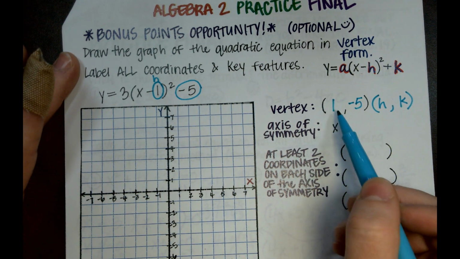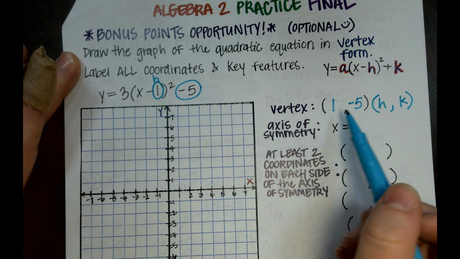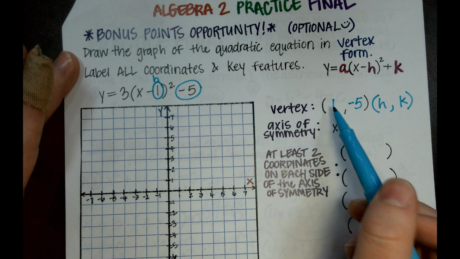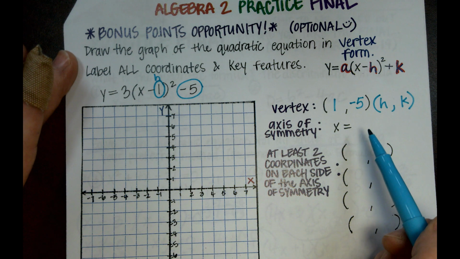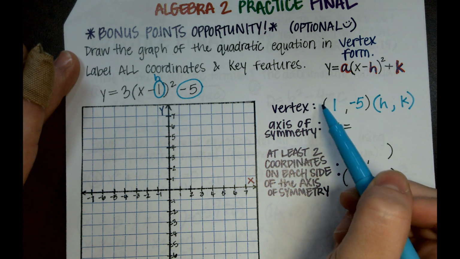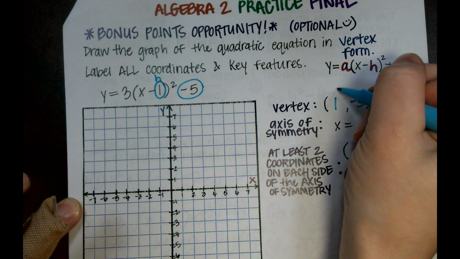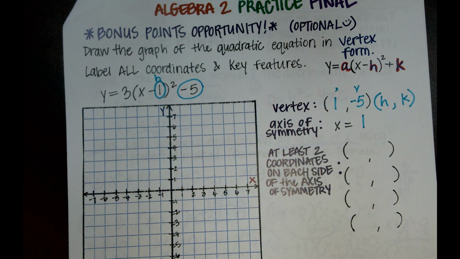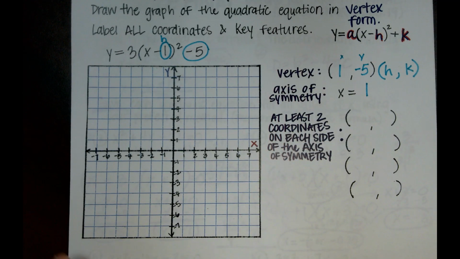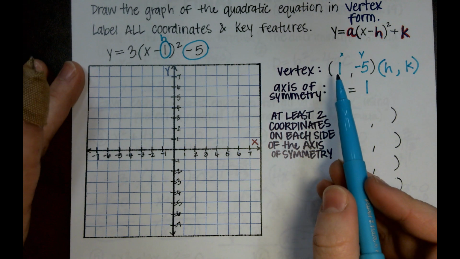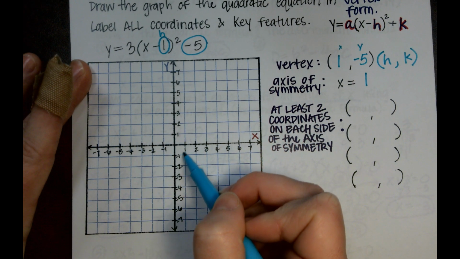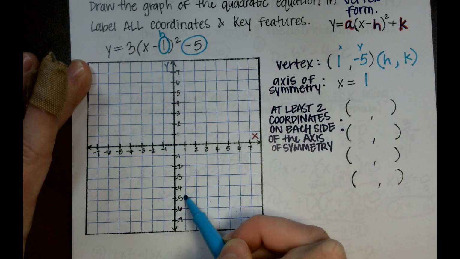Do you guys remember the trick I gave you for how to know what the axis of symmetry is based off the vertex? It's going to be the same as your x value for your vertex. So remember, this is x, y. Your x is 1. So we can already draw that part. My vertex is at 1, negative 5. So let's go over 1 and down to negative 5.